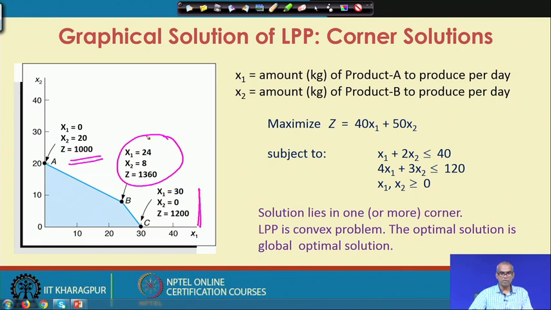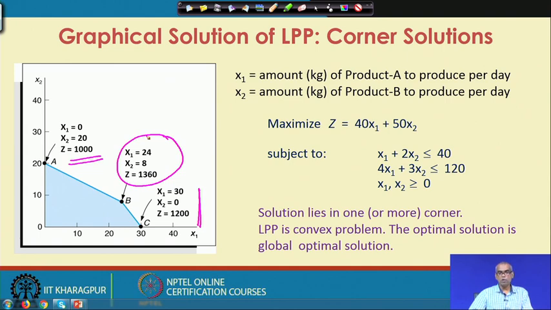I am maximizing here, so I can visit all the corner points and choose the one corresponding to the maximum objective function value. It is okay if you have very few corner points, but if you have say thousands of corner points, then visiting each and every corner point and finding the objective function value may be very cumbersome.